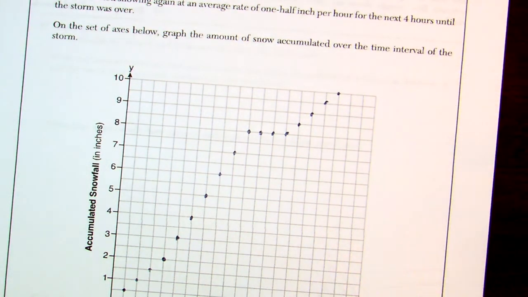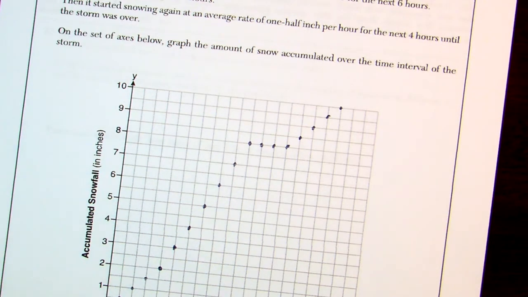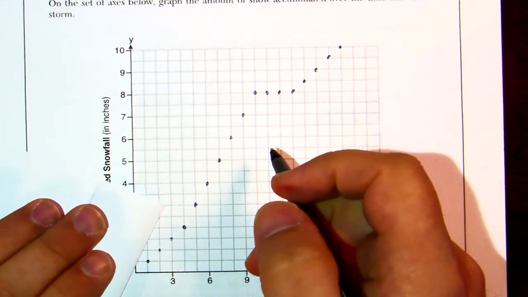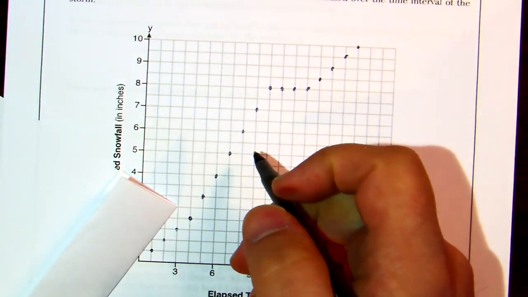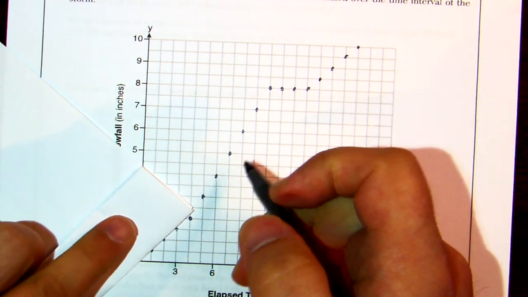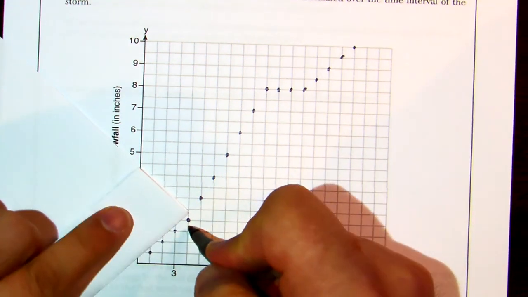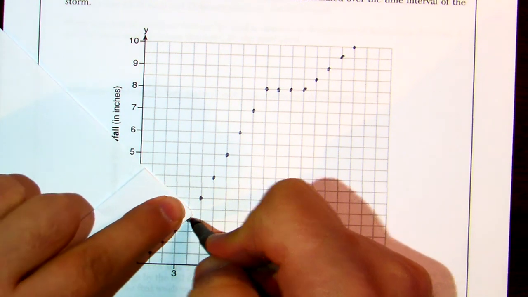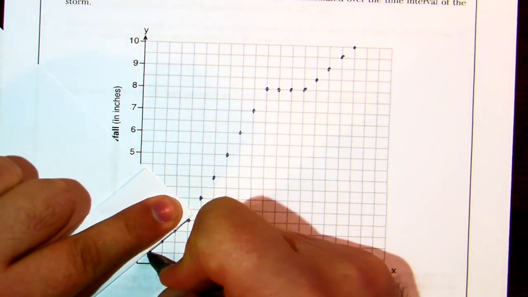So when we graph this, we're going to use a straight edge. Make sure you're at 0. You're in the corner there.